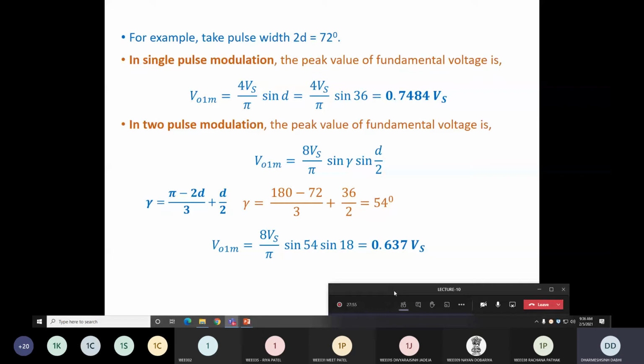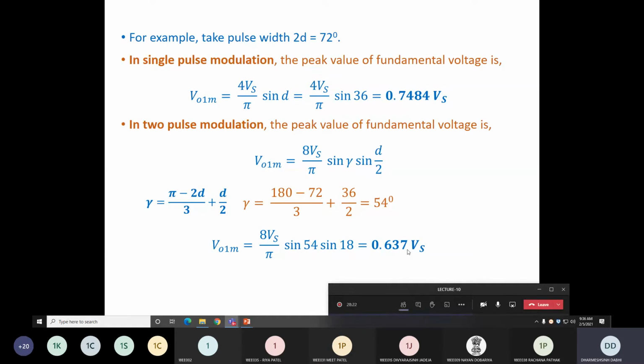So as compared to the single pulse, in two pulse we have less magnitude of fundamental component. So as we increase the number of pulses, like 3, 4, 5 or multiple pulse modulation technique, the maximum value of the fundamental component V01m decreases as we increase the number of pulses.